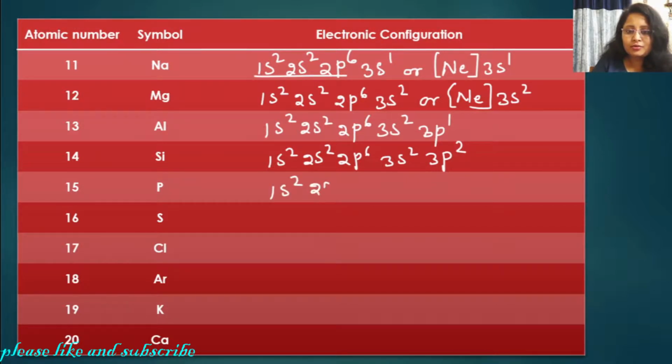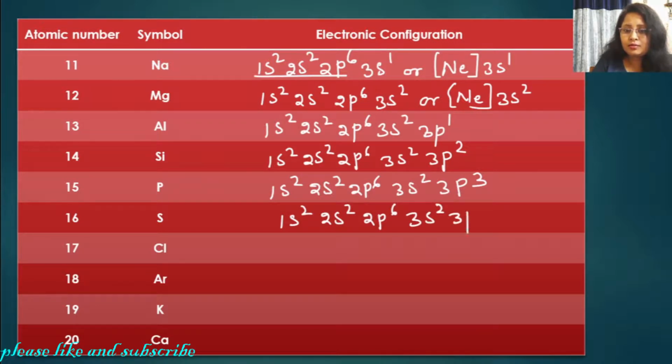Phosphorus 1s2, 2s2, 2p6, 3s2, 3p3. Sulfur 1s2, 2s2, 2p6, 3s2, 3p4.